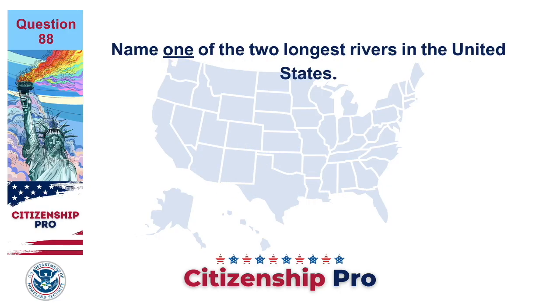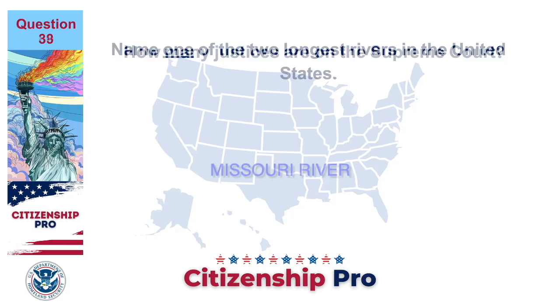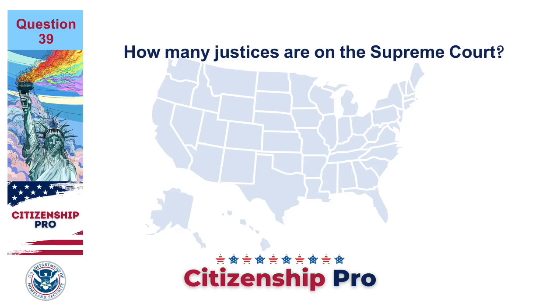Name one of the 2 longest rivers in the United States. Missouri River. How many justices are on the Supreme Court? 9.